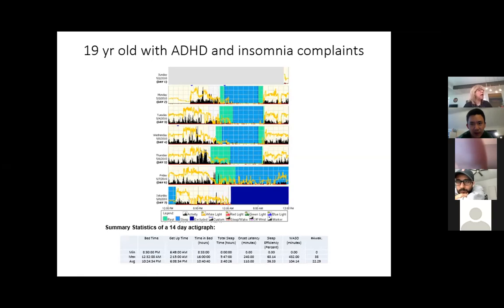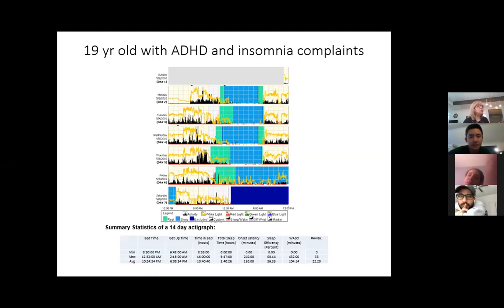And there's their light, the ambient light, movement. Green is there's too much activity and the algorithm called it resting. And blue is the algorithm called it sleep, that this was more likely to be sleep. But that's what those different colors are.